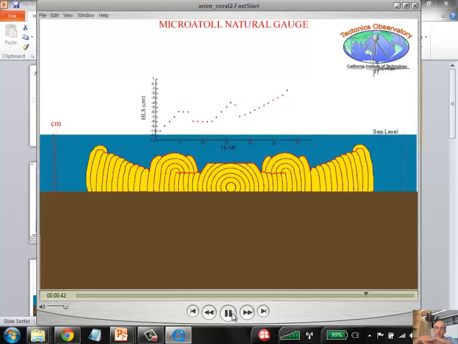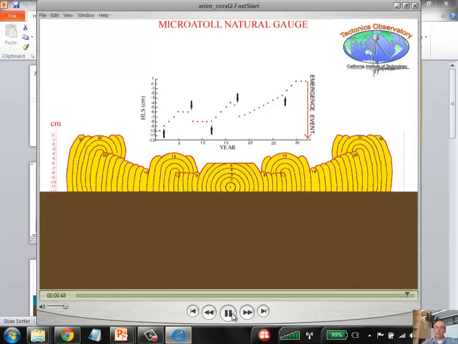So it's just loading, loading, loading. And is there going to be an earthquake? Boom. So there was a big emergence event. So that means that the coral was lifted completely out of the ocean and it's killed.